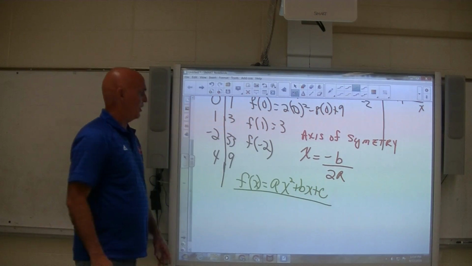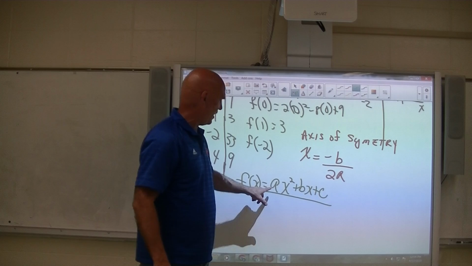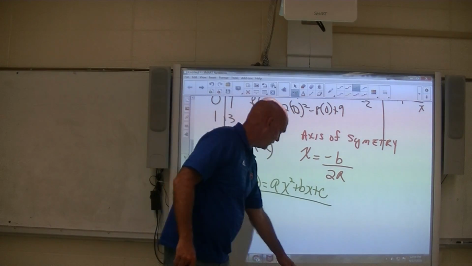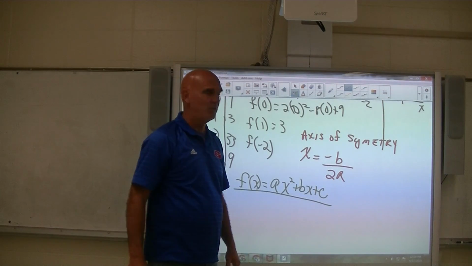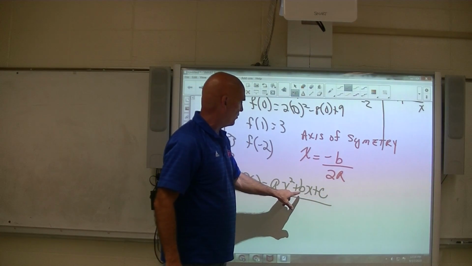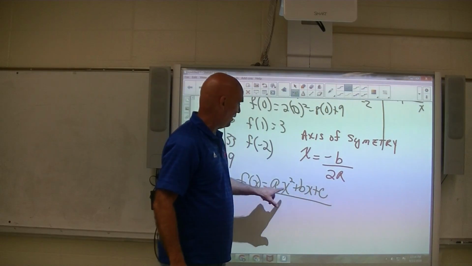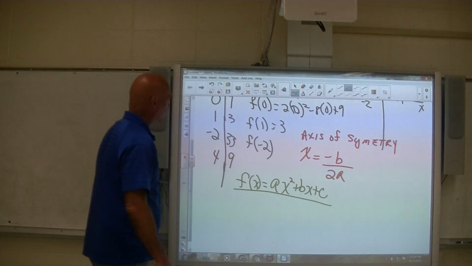So with ax squared plus bx plus c, that means a is the coefficient on the x squared, b is the coefficient on x, and c is a constant out there. So when I ask for x is equal to negative b over 2a, you want the number on the x, over 2 times the number on the x squared, okay?